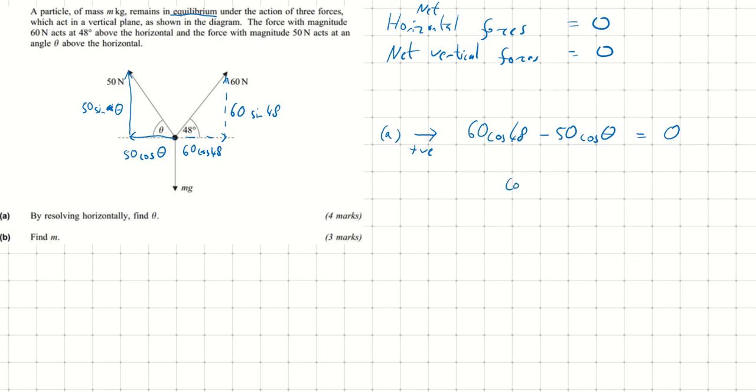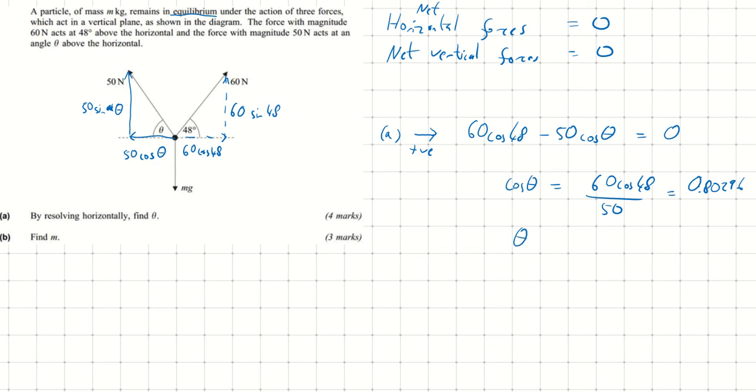We get cos theta equals 60 cos 48 over 50, just rearranging, and if you work that out, you get cos theta is 0.80296, I think.